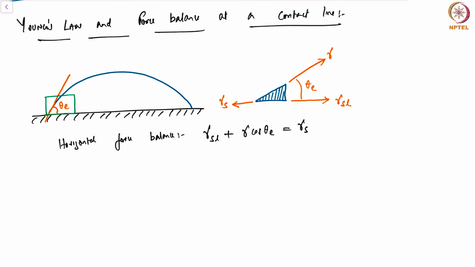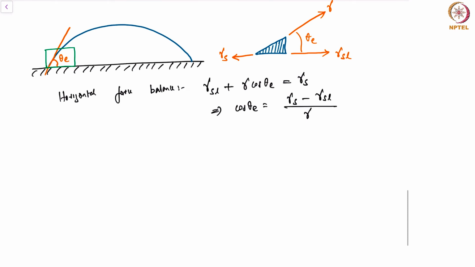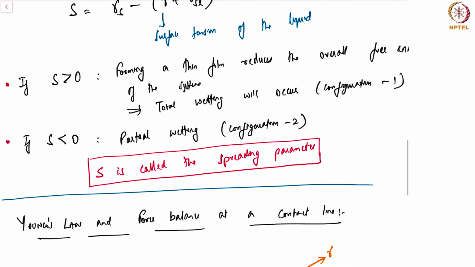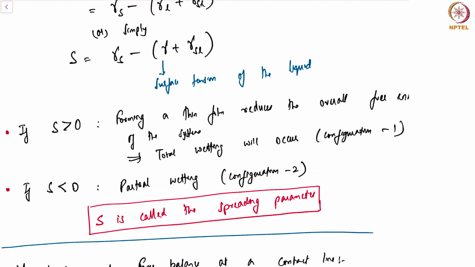This would be gamma s, and therefore I have cos of theta e would be gamma s minus gamma solid liquid divided by gamma, right? And we can now write this in terms of the spreading parameter. If you recall, the spreading parameter was defined as gamma s minus of gamma plus gamma SL.